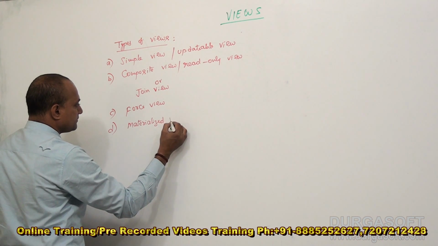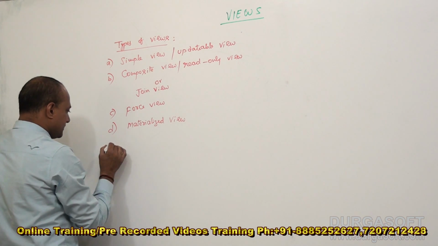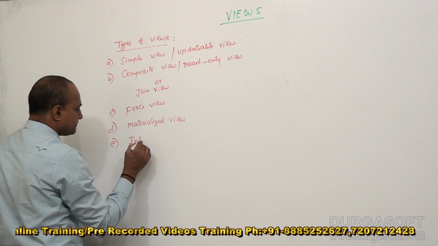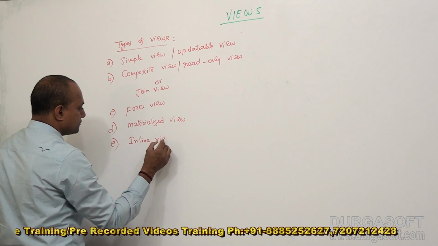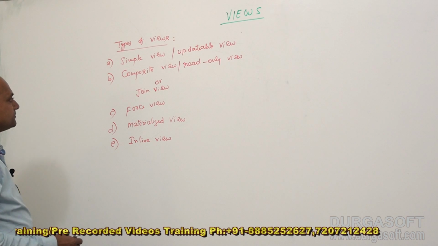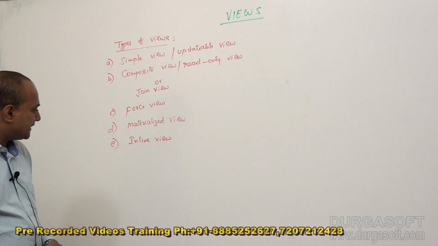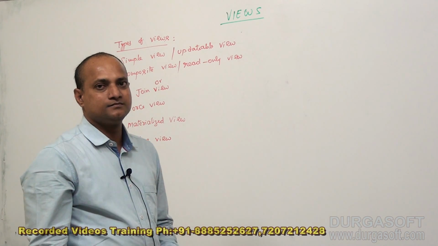And fifth type is inline view. Remember: simple view, composite view, force view, materialized view, inline view.